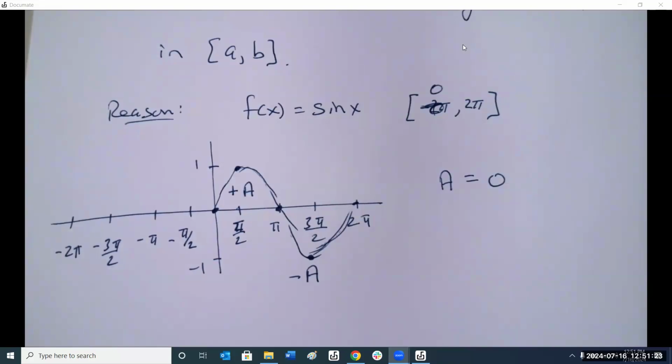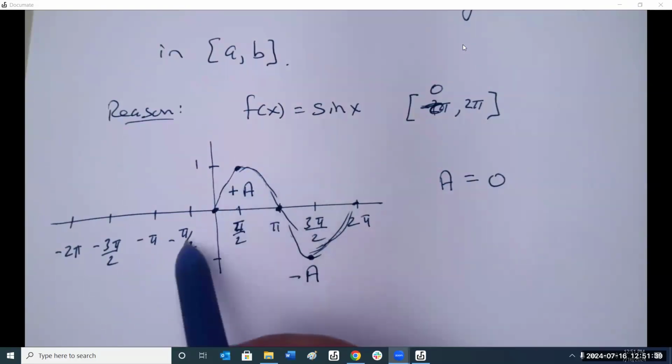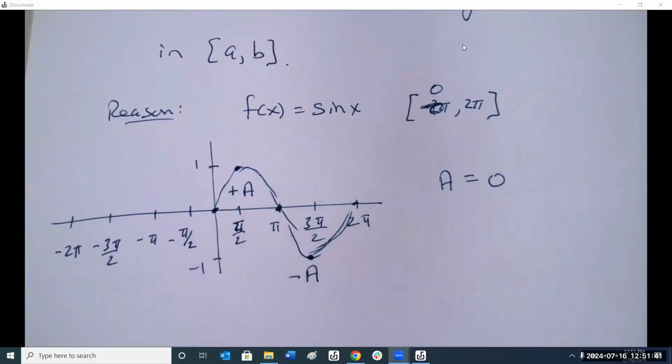Periodic functions, always periodic functions, depending on the domain, because if we went from 0 to pi, no problem. But if we went from negative pi to pi, then this would be down here, that would be up, they're opposite each other, and there'd be 0 again.